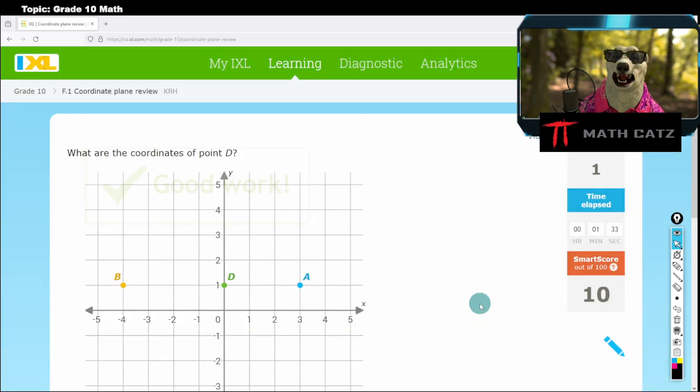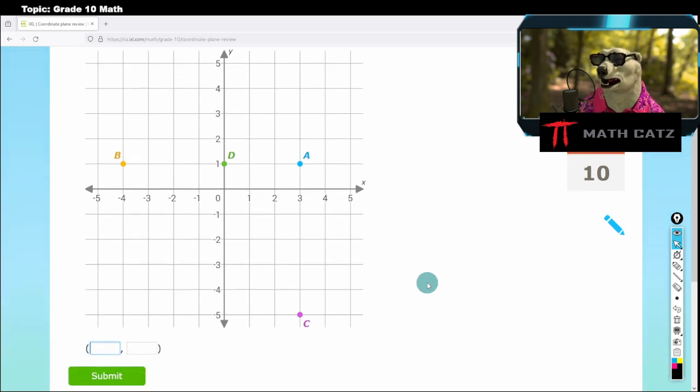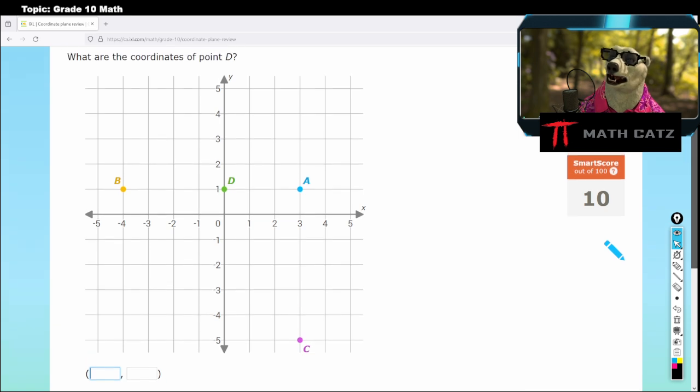Let's see another one. We want to know what are the coordinates of point D. Let me just scroll appropriately so we can see the question and a place for our answer. Point D. It's over here. X coordinate, follow it down to the x-axis, that's a 0.